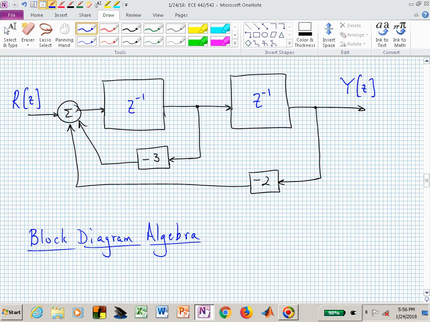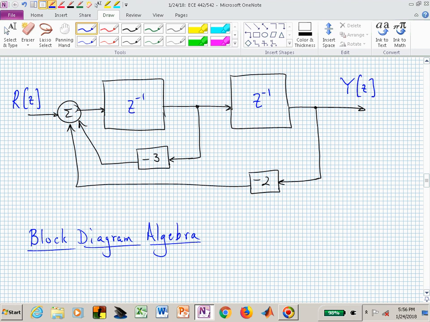And I know you will feel like you're chasing your tail when you're doing block diagram algebra if you haven't done it before. Sometimes you just keep saying, well, I can't seem to get what I want. But what we want to eventually end up with in this situation is one equation that involves only R's and Y's.